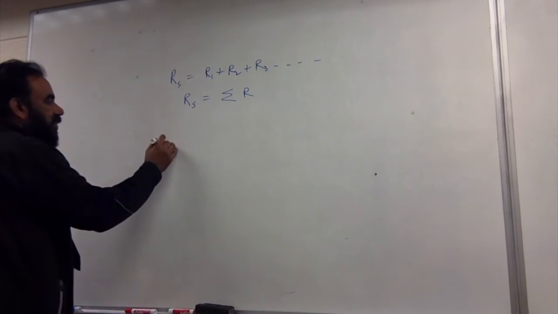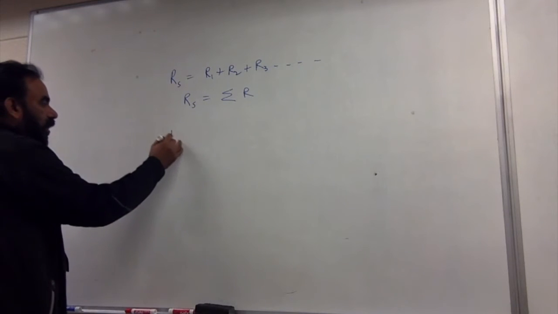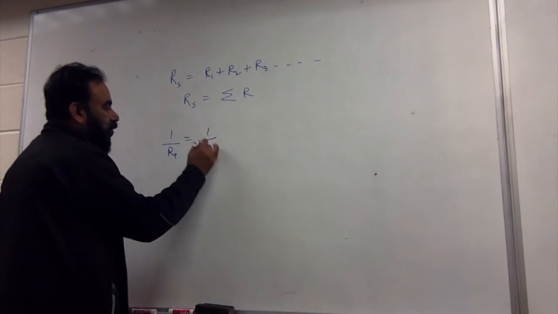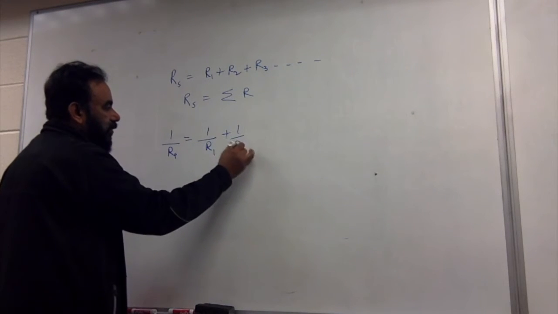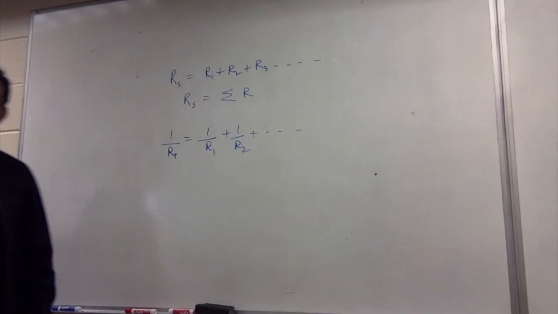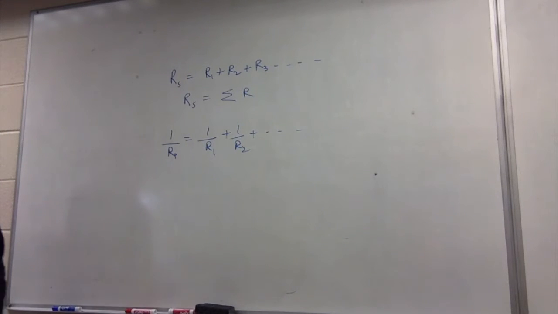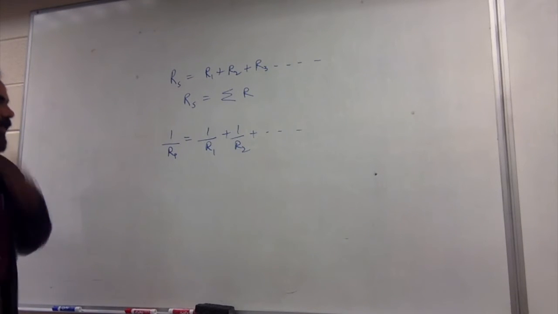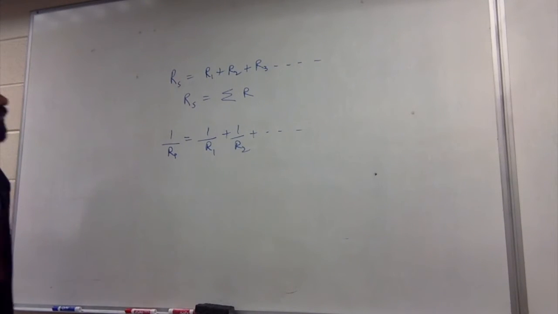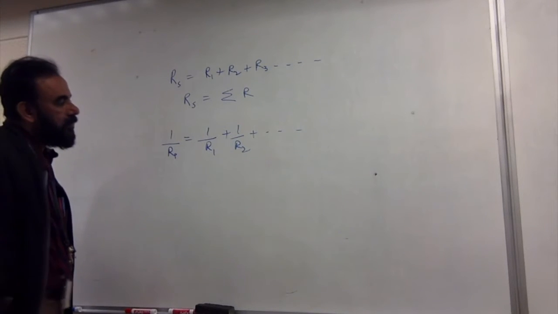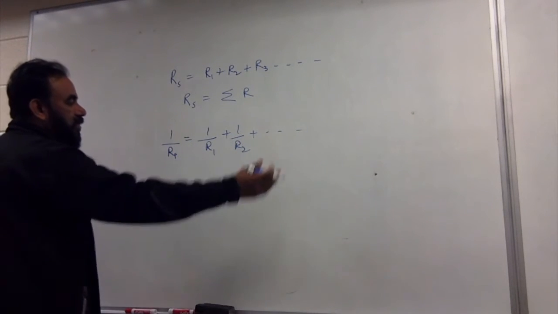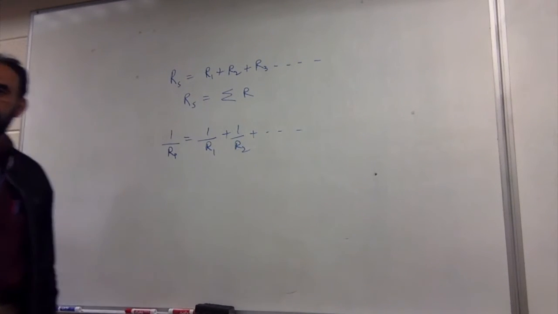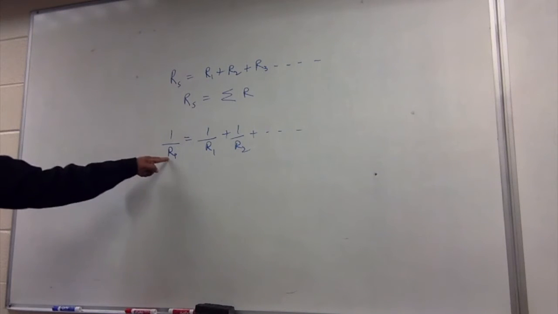Now that's in series. In parallel, 1 over R in parallel is equal to 1 over R1 plus 1 over R2, etc., depending on how many resistors are used. So if you sum the reciprocals of all the resistors, you will get the reciprocal of the equivalent resistance.